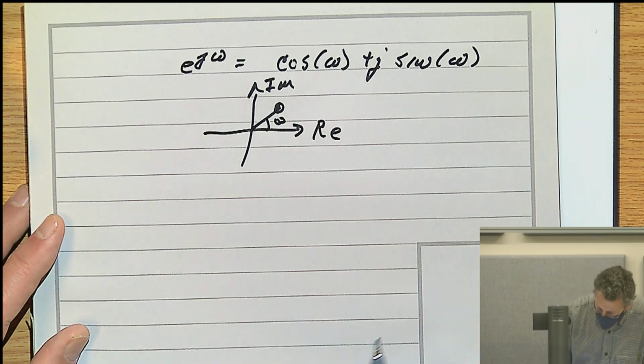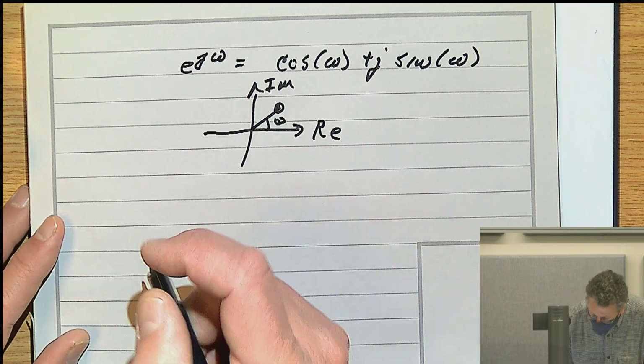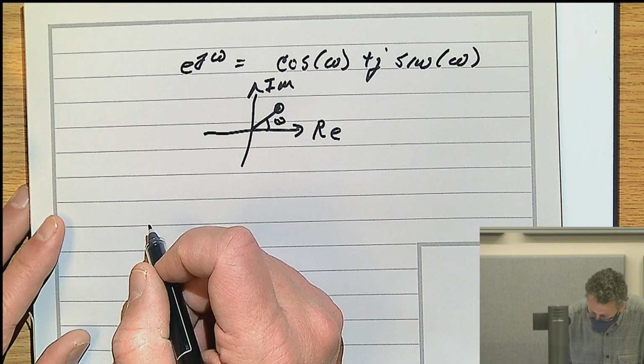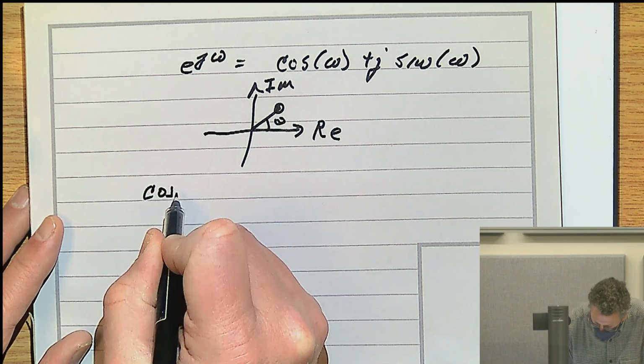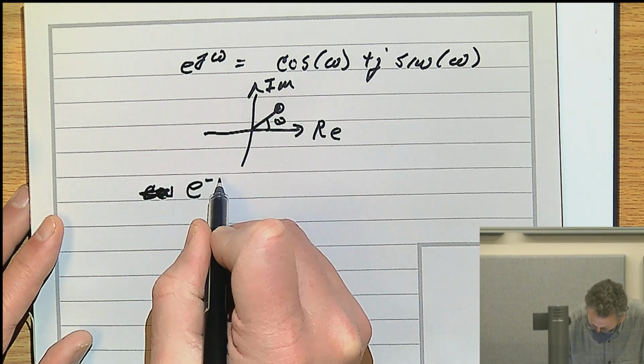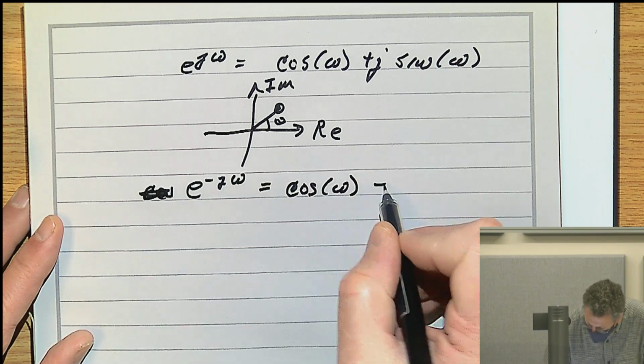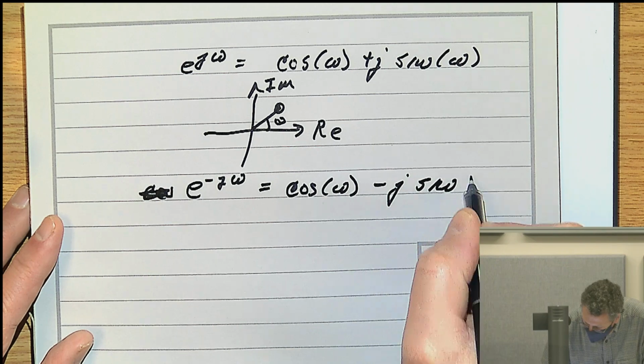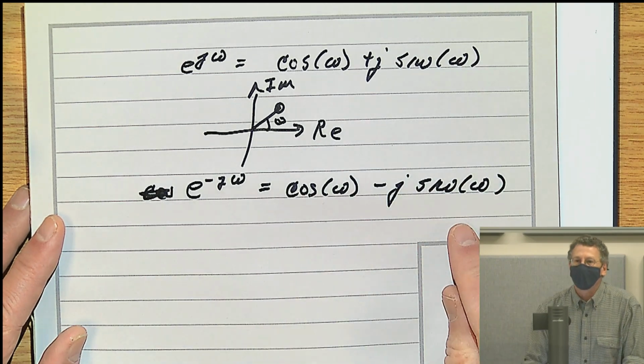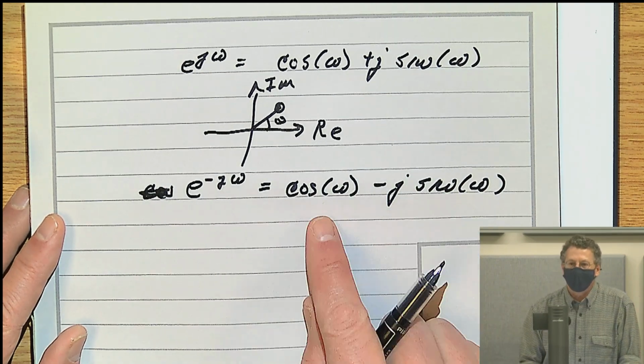From this I can show that if I take e to the minus j omega, that's going to be the cosine of omega minus j times the sine of omega. Why? Because sine is antisymmetric and cosine is symmetric.